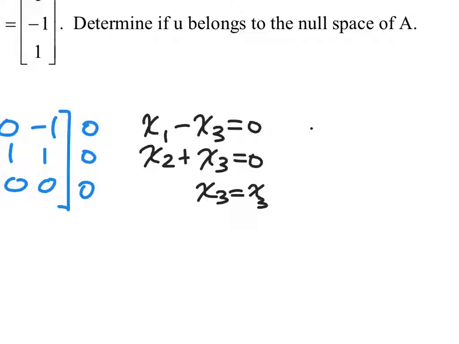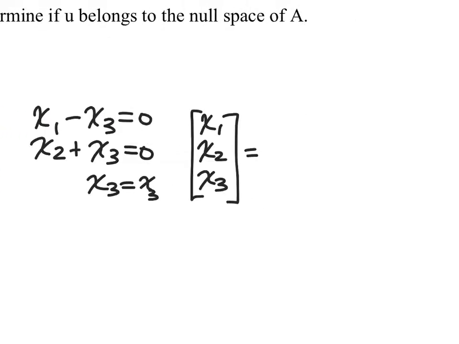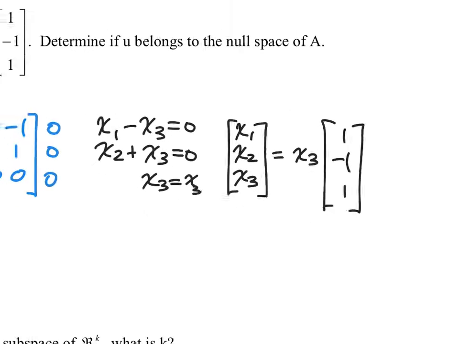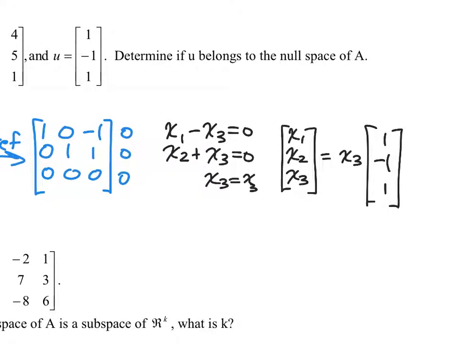So we're looking at x1, x2, and x3. Everything's going to be a multiple of x3. So adding the x3 in the first equation, I'm going to get a coefficient of 1. Subtracting it in the second equation, I'm going to get a coefficient of -1. And it already has a coefficient of 1 in the last one.